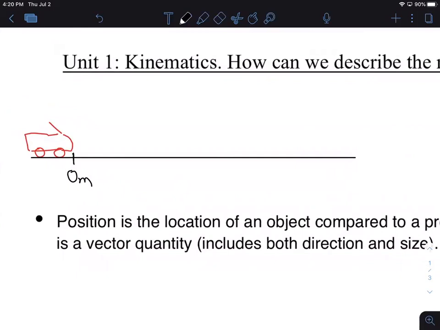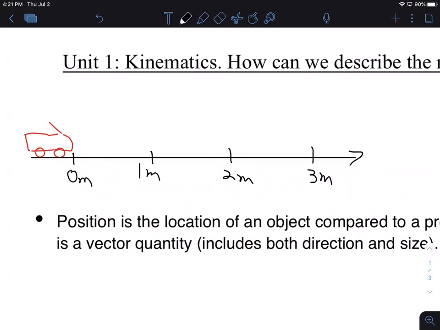Then as the buggy moves along, I'm going to say it's moving in the positive direction, because it's easier to think about it that way. I'm going to say 1 meter is over here, 2 meters, 3 meters. And this isn't just 2 meters, this is 2 meters to the right of my zero position. We'll call this the positive direction, so I'll draw an arrow to show that.